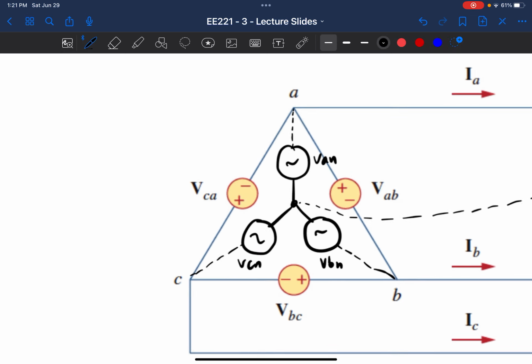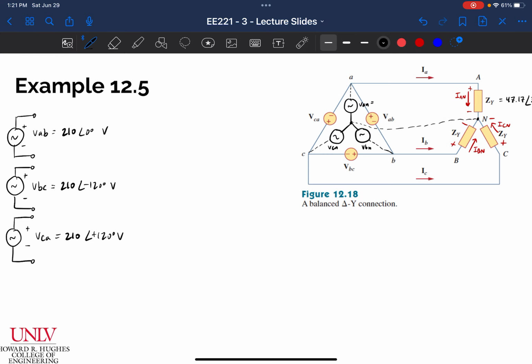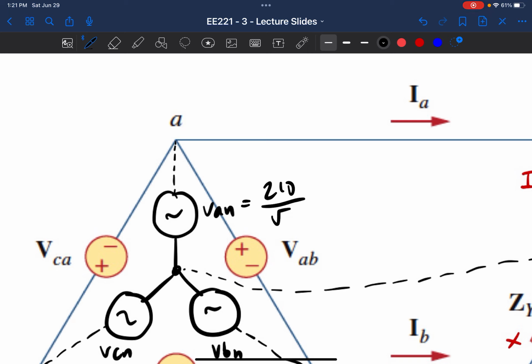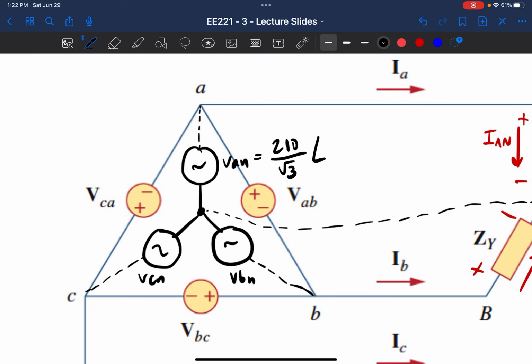So what I can do is say that VAN is going to be equal to the magnitude of VAB, which is 210, divided by the square root of 3. And then we also have to take into account that 30 degrees phase shift, right? So we're going to subtract 30 degrees from VAB, which is 0, and so we're going to get a negative 30 degrees phase shift, and that's going to be my VAN.